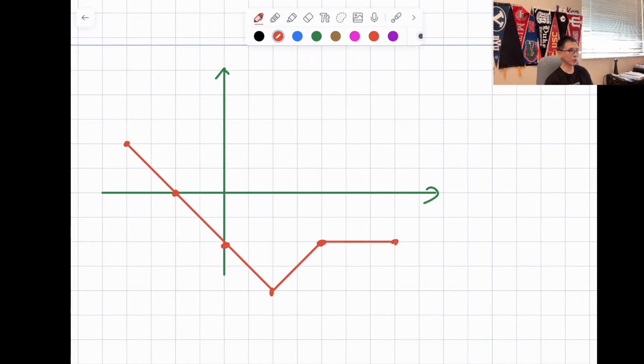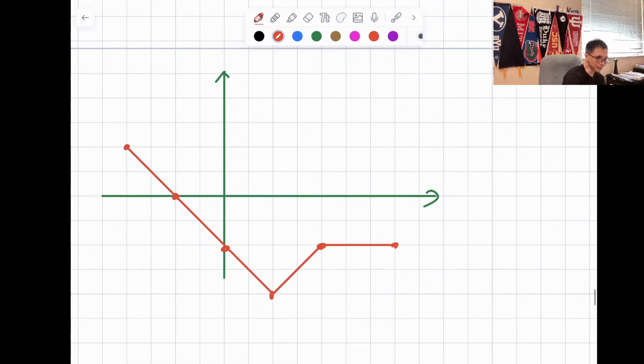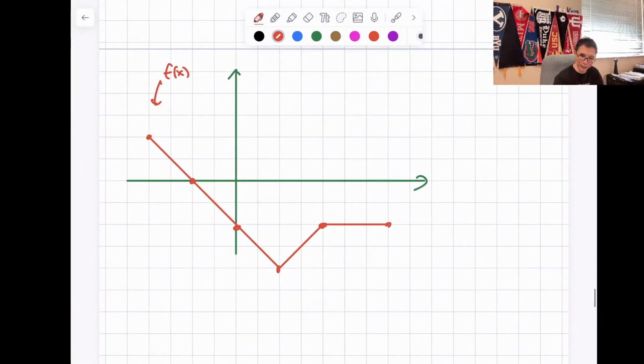Okay, so we're going to call this f of x. Now, before we start off, we're going to talk about something else as well. We're going to talk about whether they are negative or positive, or domain. So let's start with talking about, now this is something I didn't talk about before.